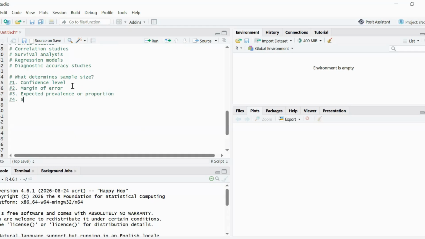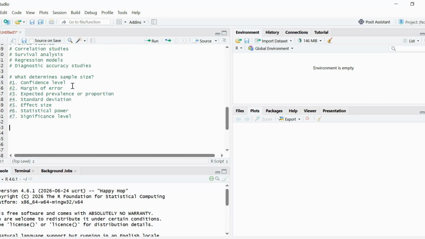Fourth, standard deviation. Fifth, effect size. Sixth, statistical power. Seventh, significance level, which is alpha.